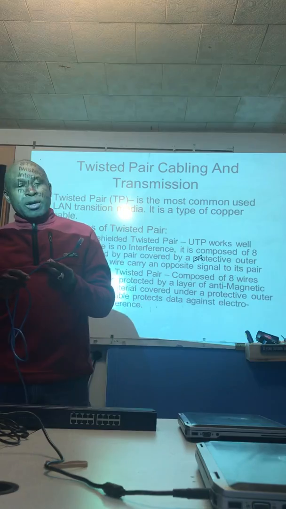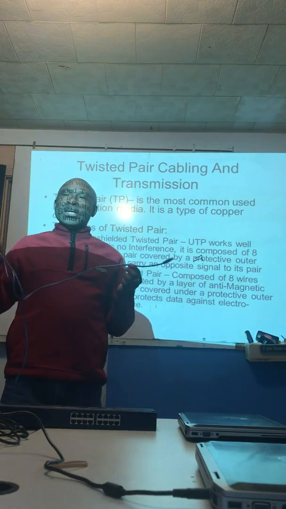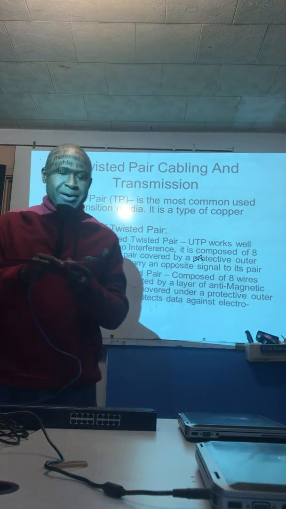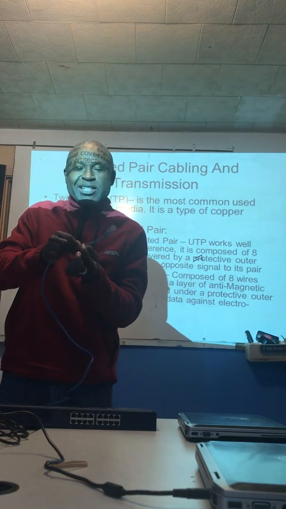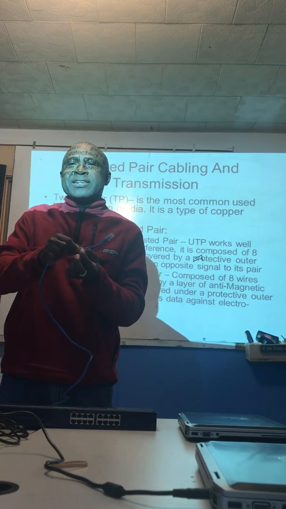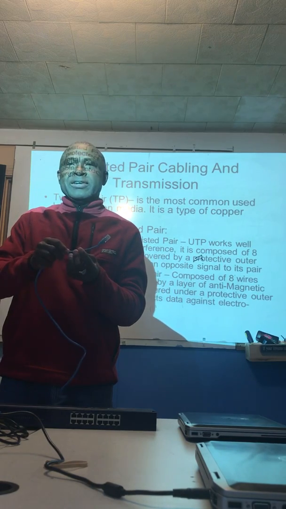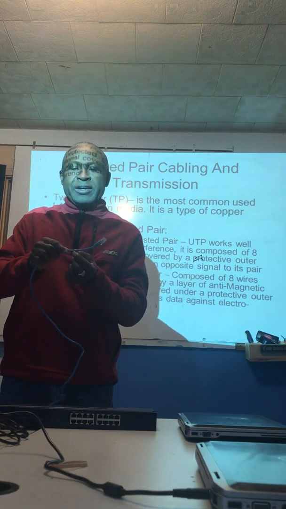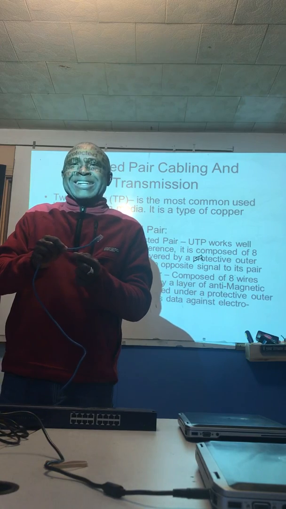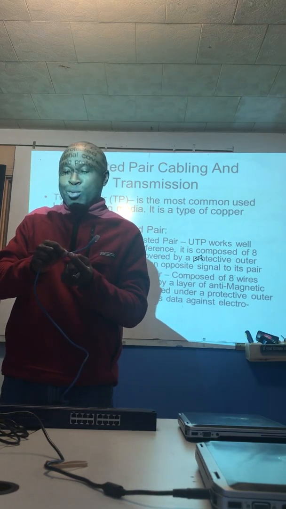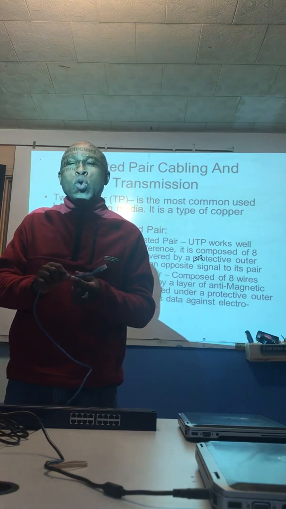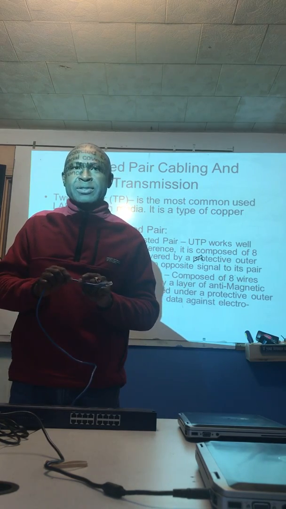However, for the shielded twisted pair, underneath this plastic jacket, there is another layer. It's like a foil layer that protects the wires inside the cable against electromagnetic interference.